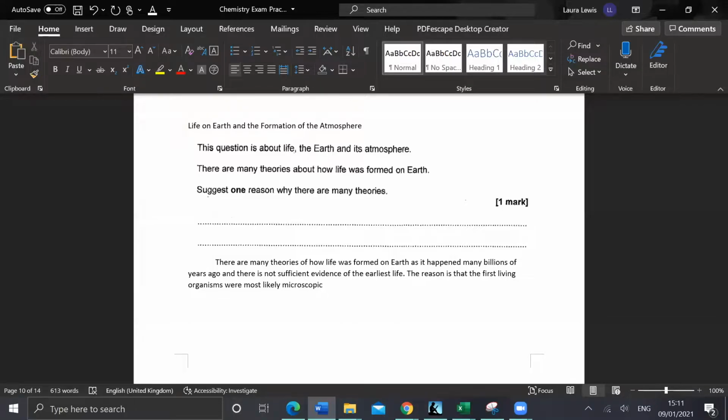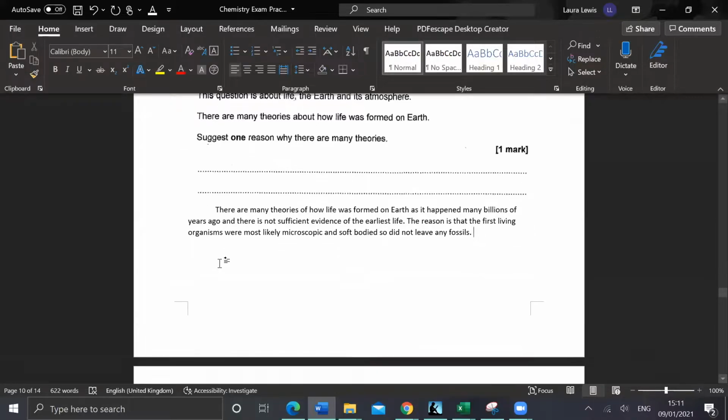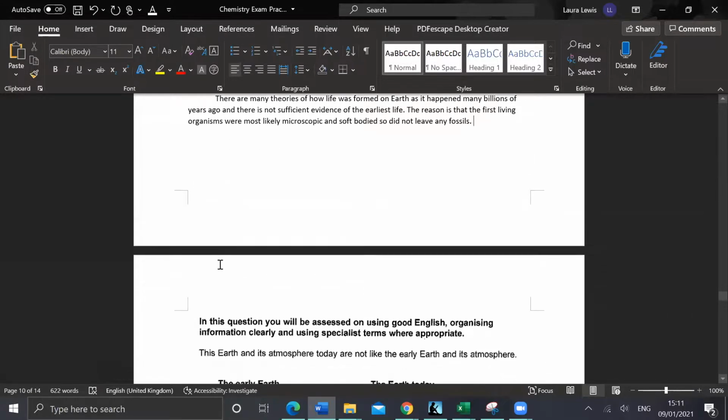A bit like bacteria, and soft-bodied. They haven't got any bones or shells, so did not leave any fossils. We don't have any direct evidence of it. Obviously, we have some scientific reasoning, but we don't actually have any direct evidence of the fossils around that time. Okay, so we've got an explanation there.